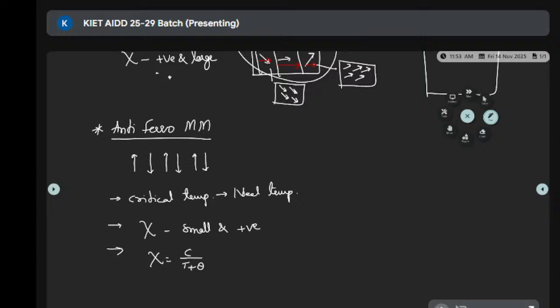When the temperature increases, susceptibility increases and reaches a maximum value at the Néel temperature, beyond which it decreases. Examples: iron oxide, manganese oxide.